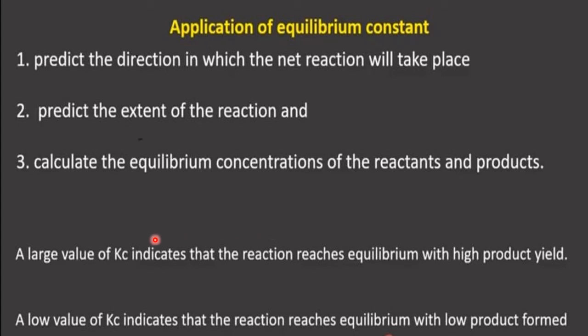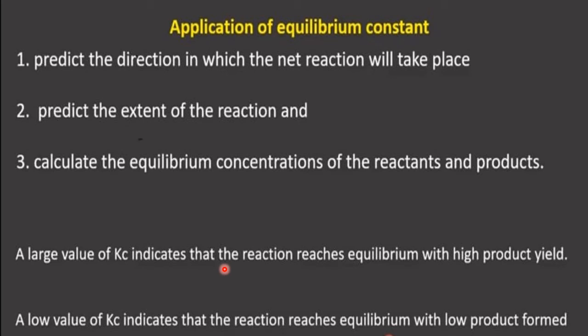Here, a large Kc value indicates that the reaction reaches equilibrium with high yield of product. So if the Kc value is very high, what is the indication? High yield.